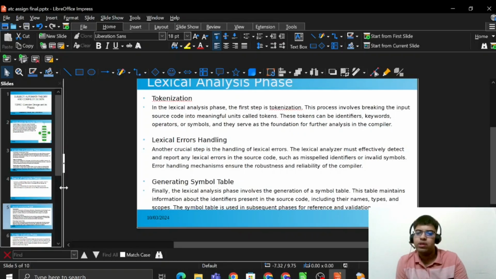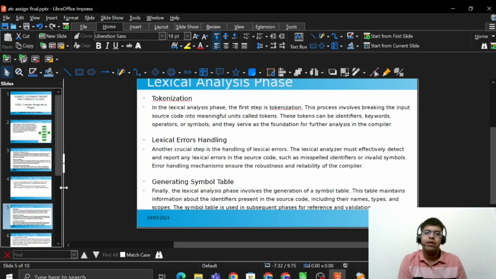Okay, so here we are starting the phases of compiler design. First one is lexical analysis, where we learn about tokenization. This is the first step, which involves breaking the input source code into meaningful units called tokens.